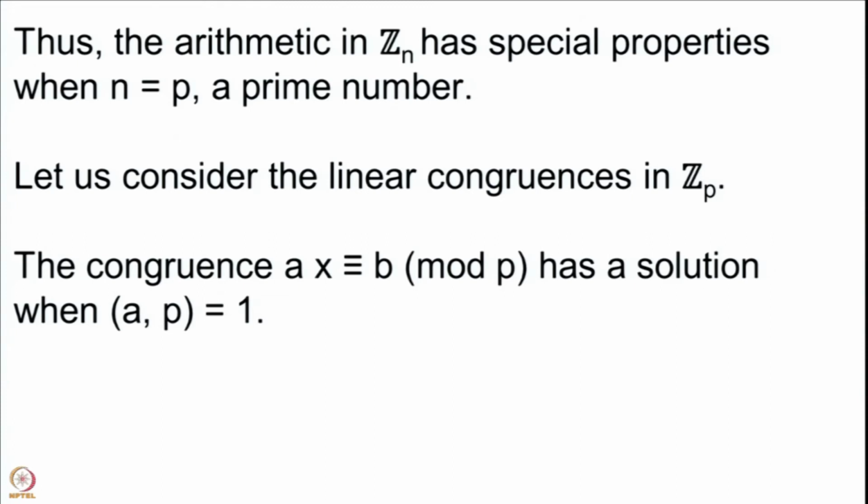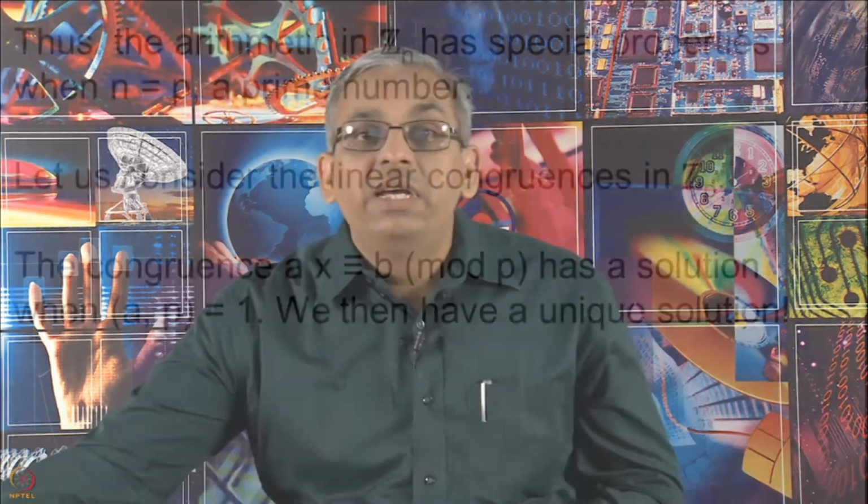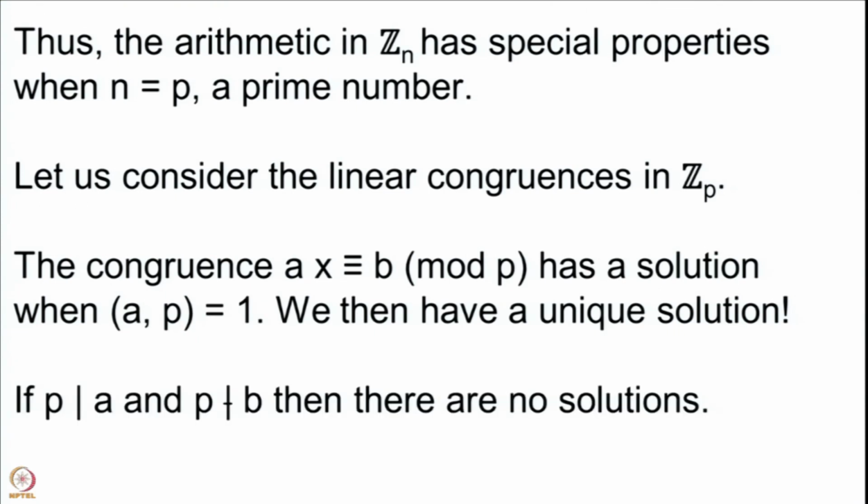Now, p has the property that when you look at Z_p, only 0 does not have GCD equal to 1 with p, but all other numbers have GCD equal to 1 with p, and therefore Ax equal to B mod p will have a solution whenever A is not 0 in Z_p. Because the GCD is 1, we have a unique solution. Further, if you have p dividing A but p does not divide B, then there are no solutions.